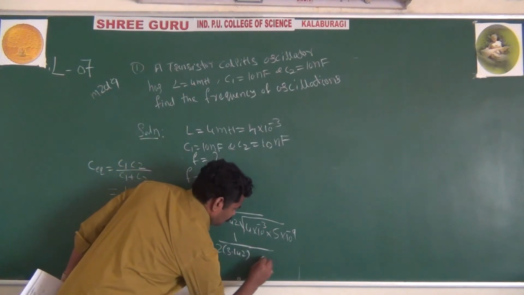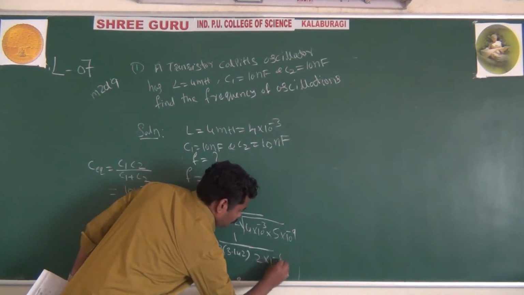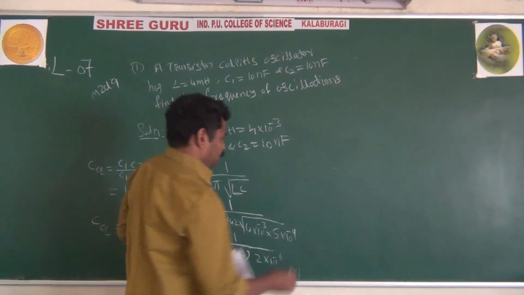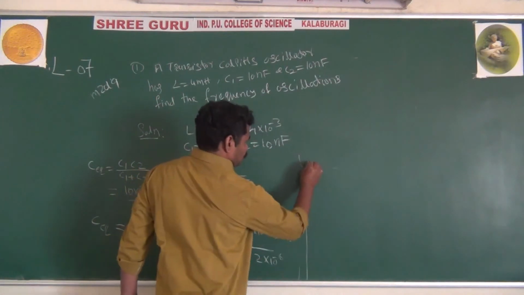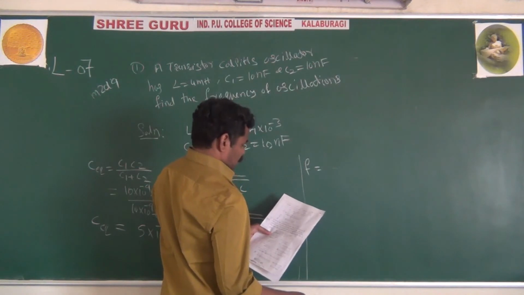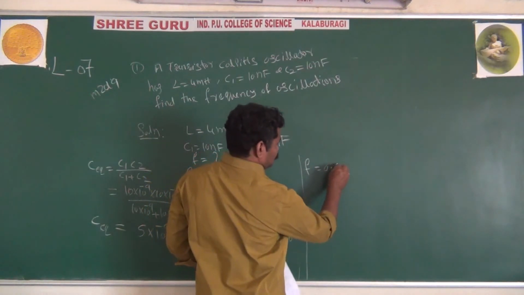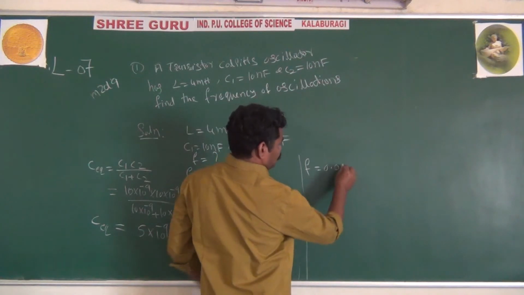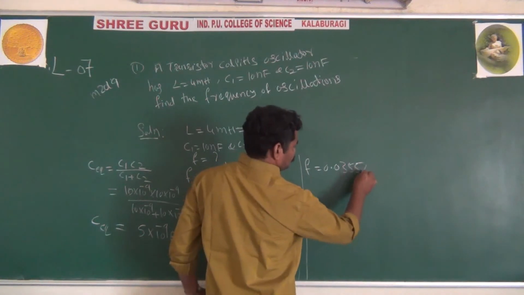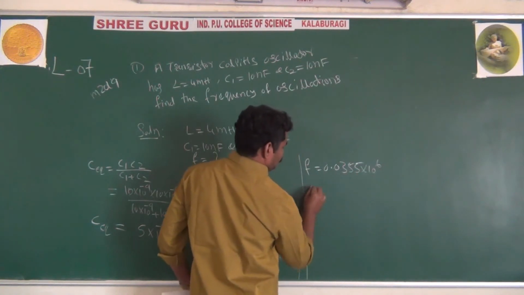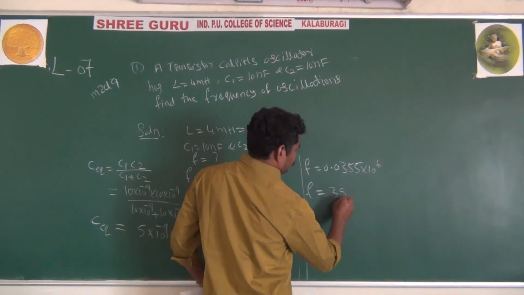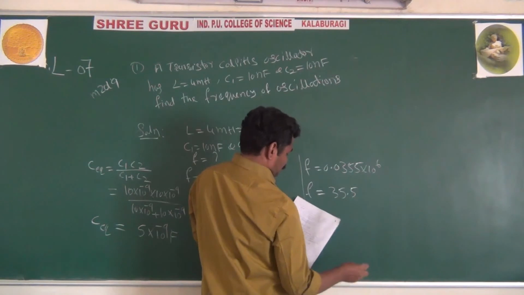After simplifying, you may get 2 into 10 raised to minus 6. And then you get the final answer, F is equal to 0.0355 into 10 raised to 6, or you may get F is equal to 35.5 kilohertz.